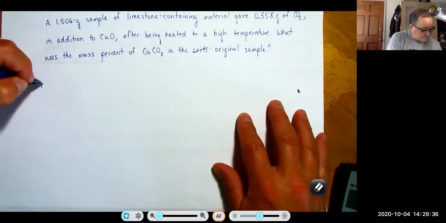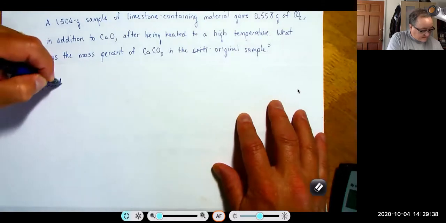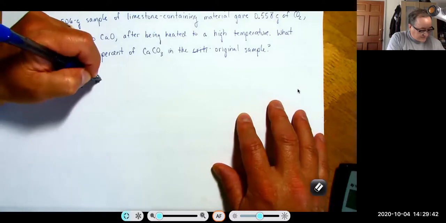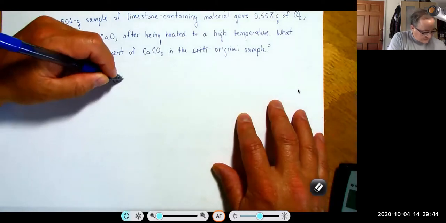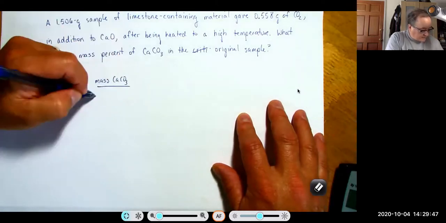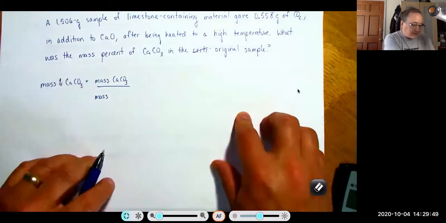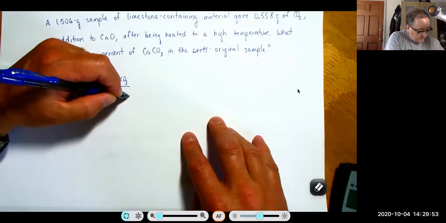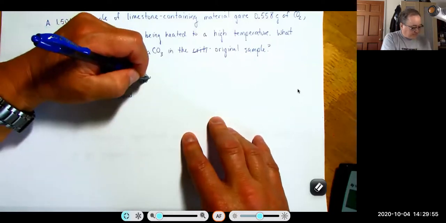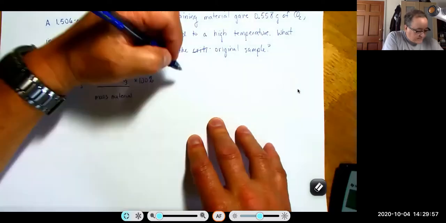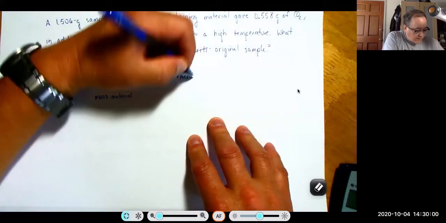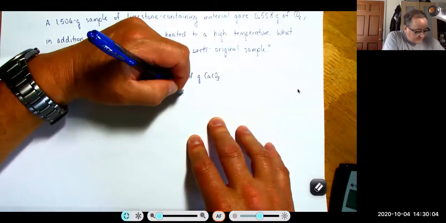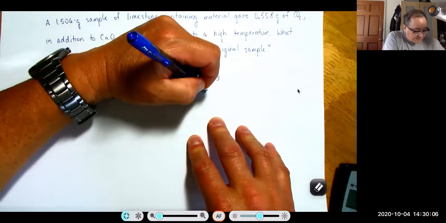Mass percent calcium carbonate is equal to the mass of calcium carbonate over the mass, and here, since they say material, I'm going to put material, times 100%. So here we're going to need the grams of calcium carbonate, and we need the mass of the material.